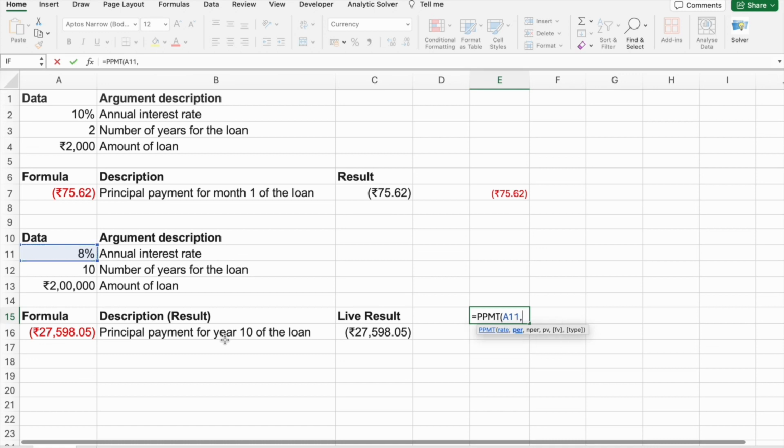Okay, here PER is 10 because we are going to find the principal payment for year 10, right? Then here the number of years for the loan is 10. Okay, here the PV value is 2 lakh. As you can see, 27,598.